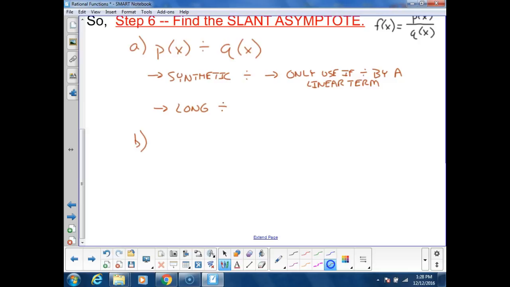No. How do I know that you will get a remainder when you divide P of x by Q of x? It has nothing to do with the degrees. How do I know?